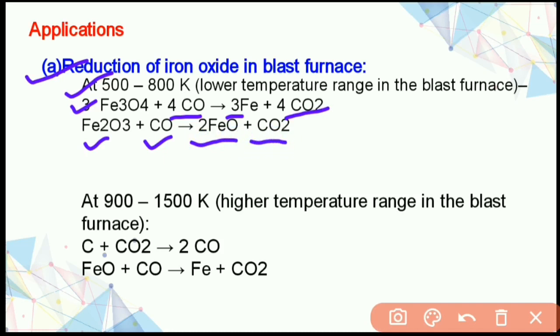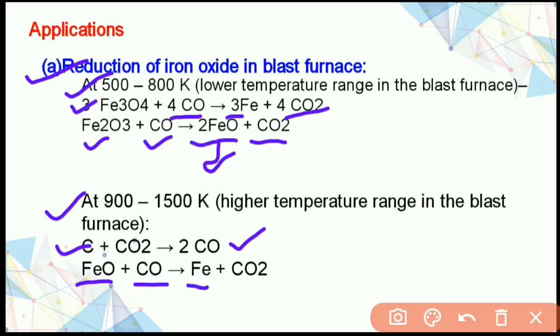So this iron is impure. Here 4% carbon is present. So for obtaining pure iron, we increase the temperature in the blast furnace to 900 to 1500 Kelvin temperature. Carbon reacts with carbon dioxide to form 2 mole of carbon monoxide, and then iron oxide reacts with carbon monoxide and gives iron.